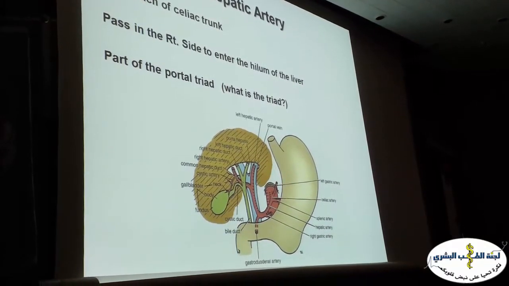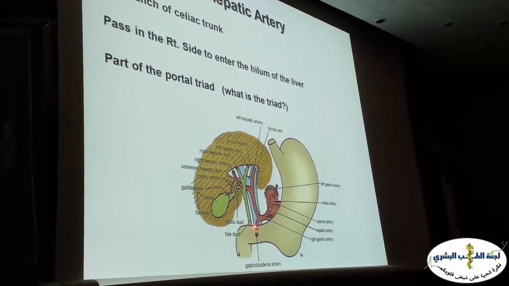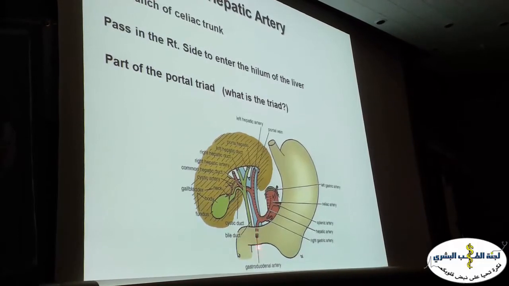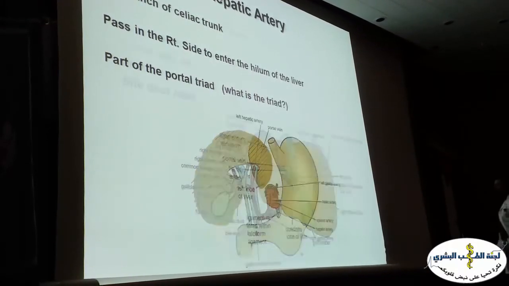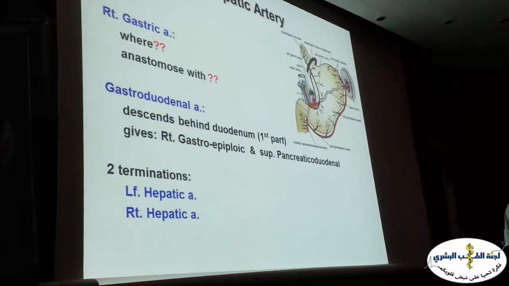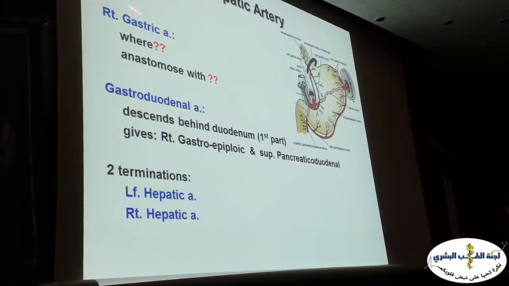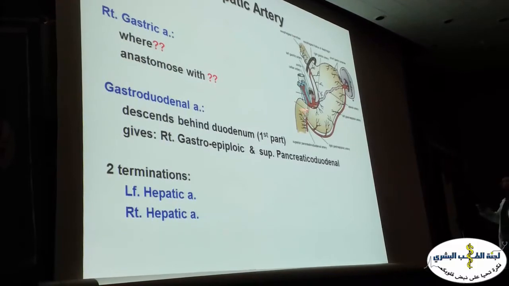It will give the right gastric artery where? To the lesser curvature of the stomach. It anastomoses, you see, on the lesser curvature, with the left gastric.